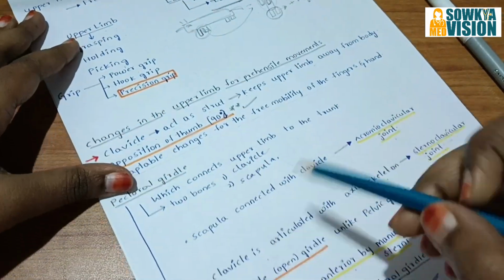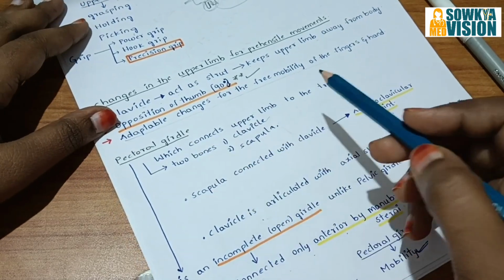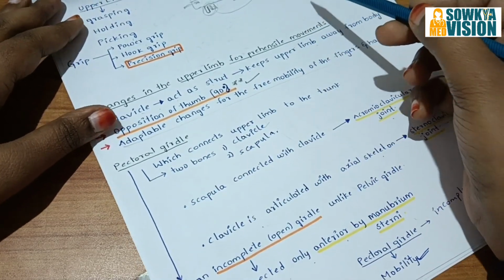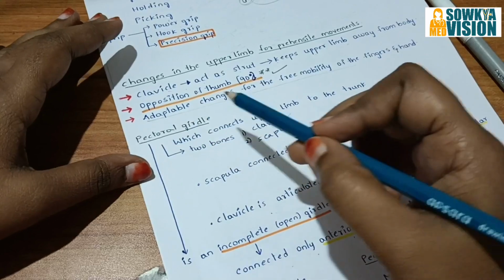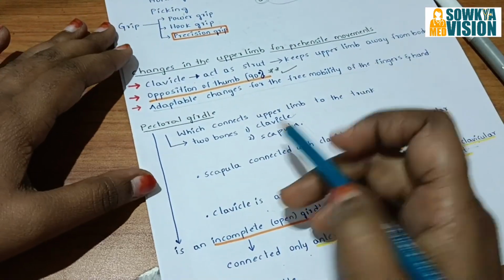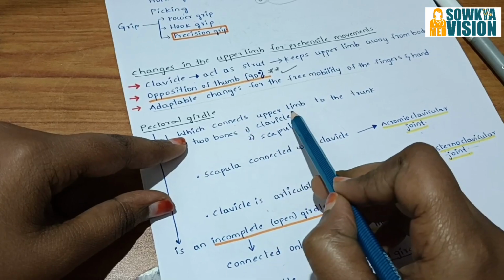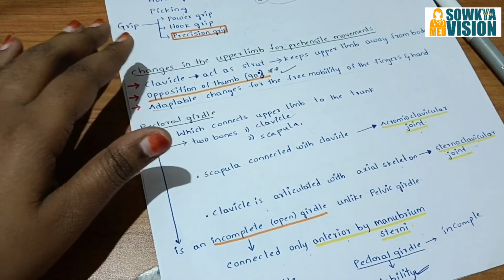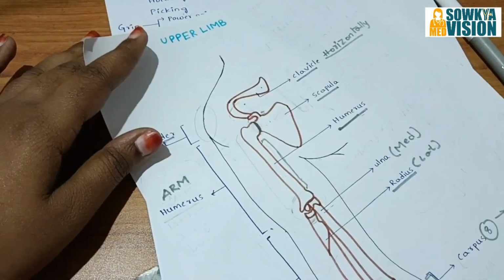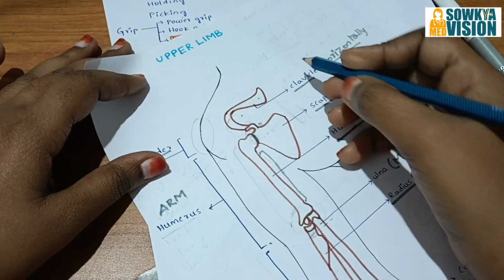And let's see the pectoral girdle. We have discussed the pelvic girdle, which is present to support the lower limb. Here is the pectoral girdle, like the pelvic girdle, which connects the upper limb to the trunk. The pectoral girdle is formed by two bones, the clavicle and the scapula.